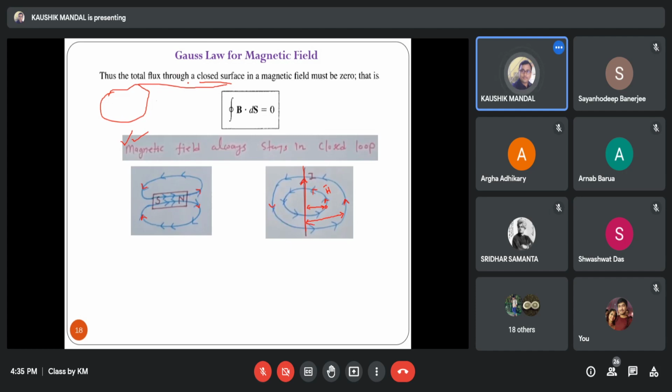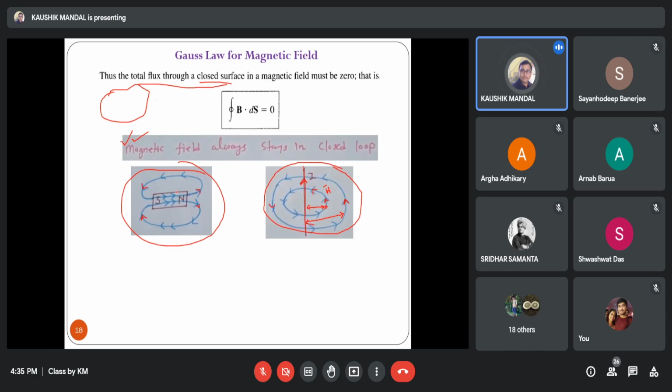Now come to Gauss's law. By this magnet we have produced some magnetic field intensity, and by this current carrying conductor we have also produced some magnetic field.